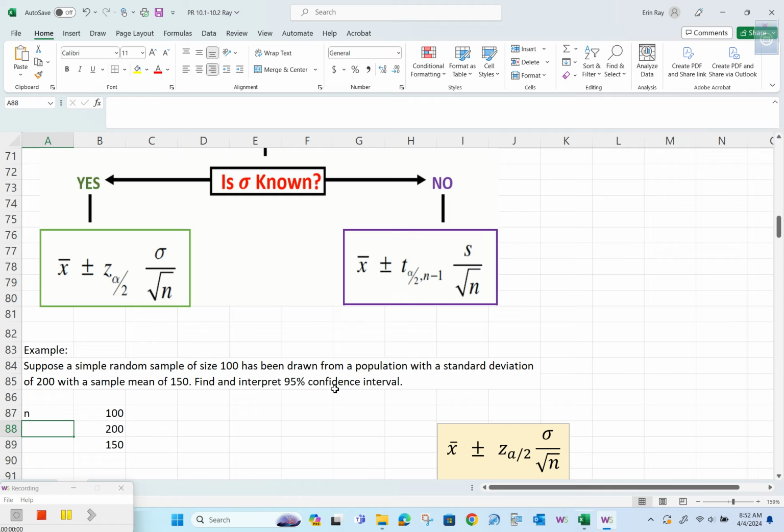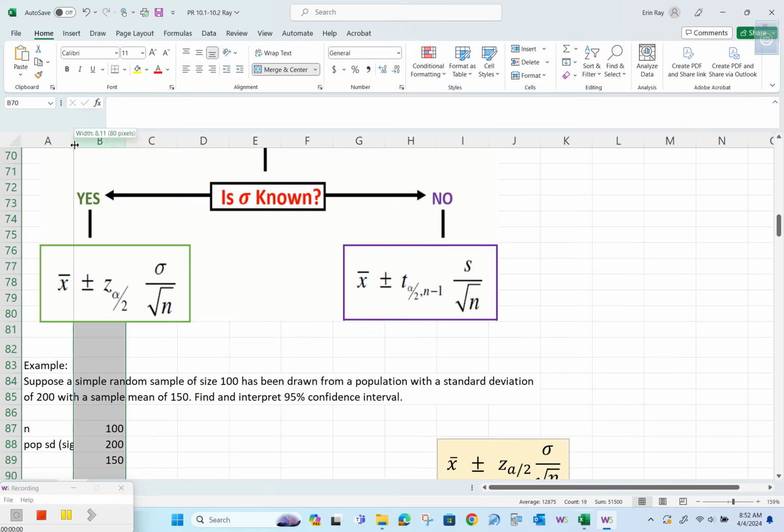So it said the random sample 100 has been drawn from a population with this standard deviation, which means this standard deviation is the population standard deviation. And we're going to practice using what we see on our formula sheet. That is the Greek symbol sigma. It's lowercase. And I'll just extend this out so we can see that whole thing.